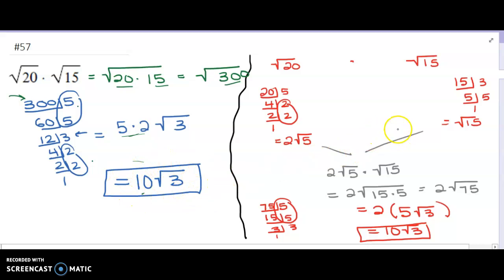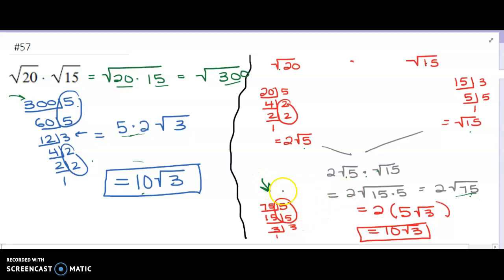Okay, now on this side, I broke down square root of 20, and then I broke down square root of 15 separately. Now, square root of 15 doesn't break down, square root of 20 did. So when I multiplied these together, 2 square root of 5 times square root of 15, I get 2 square root of 75. Now I need to see if 75 breaks down, which I did right here.